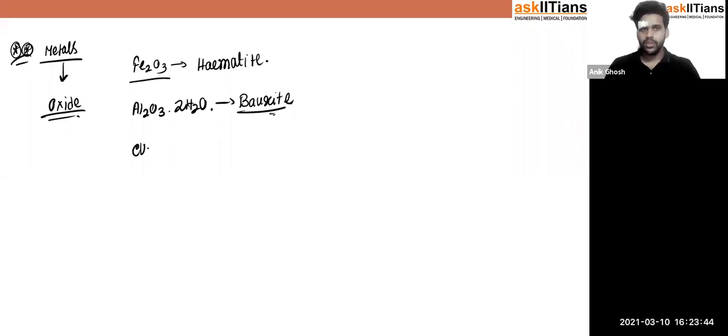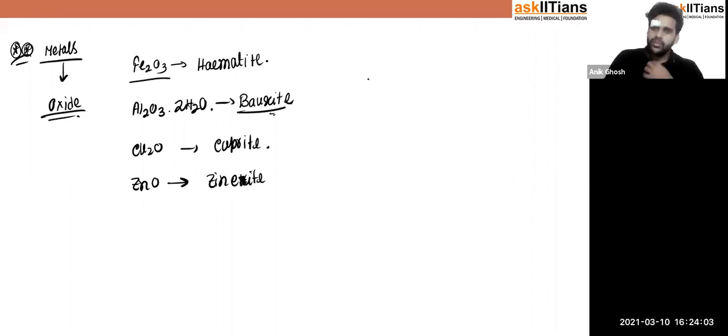Cu2O is also there. We call it cuprite. There's also ZnO in here. We call it zincite. So there are so many metals like this in the oxide state, right?